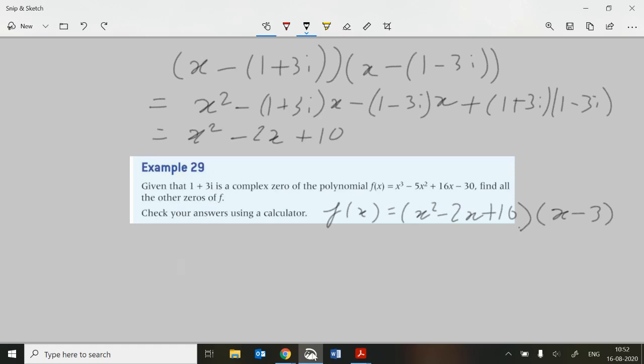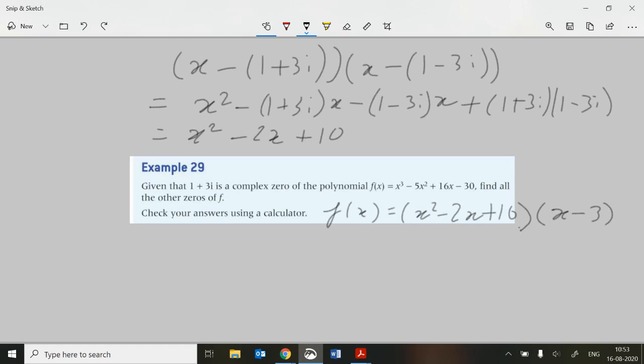You could do your synthetic division, your 1, minus 5, 16, and minus 30, and then you could divide it by, oh, hang on a second. No, we can't use synthetic division there because we're dividing by a quadratic. Synthetic division is not set up for that.